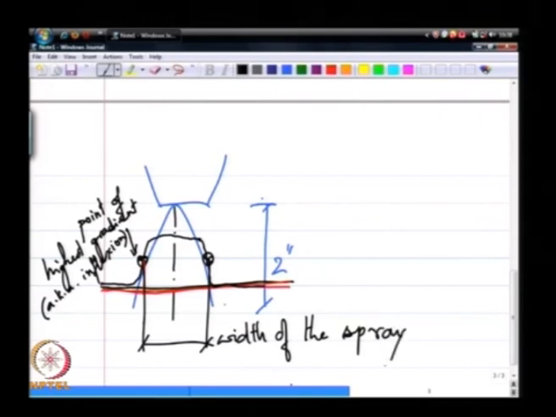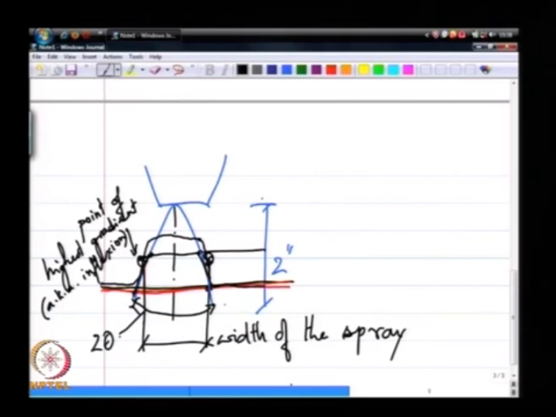Now, a simpler variant of this is to just make this measurement at one axial location. So, if I know this width, I will call this 2w, and if I know this height, if I call this h, I can define this theta to be h over w or w over h.